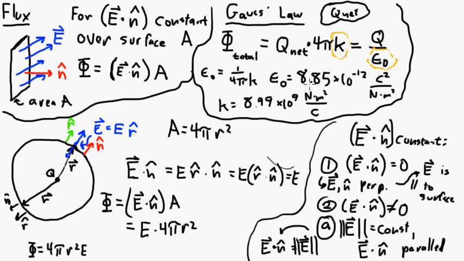We can pick either this form here that has the k in it, or this form here that has the epsilon naught in it. It's your choice. Now, it's not hard to see that if we pick this one with the 4 pi k, we get some nice cancellation between 4 pi and 4 pi. So, we're going to pick that version. Equals 4 pi k times the net charge inside. In this case, the net charge is just this point charge, q, inside.